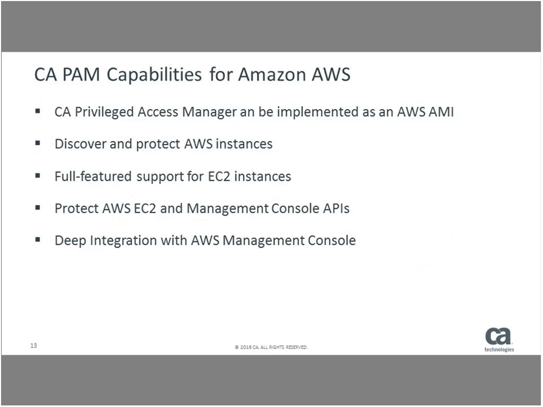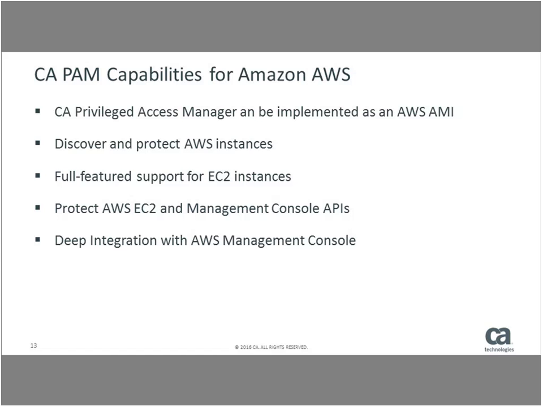In particular, where we're going to go with the presentation today is a deep dive into the Amazon AWS capabilities. And as I mentioned, it can be implemented as an AWS AMI. So the appliance itself can be hosted in the cloud via Amazon. You can use it to discover, through an integration with AWS, the AWS instances or the virtual systems, if you will, that are hosted in that cloud platform.